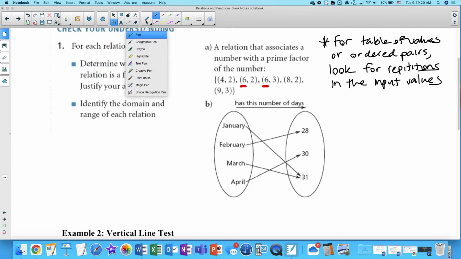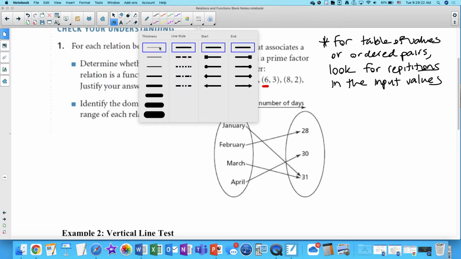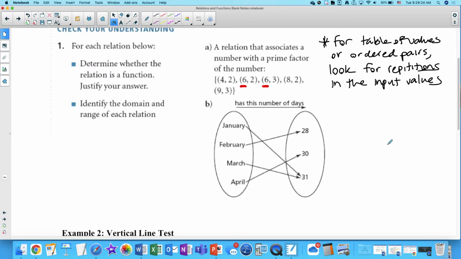So this guy is a function. So this is yes, okay? And that's because each specific day in the range values that were given is only associated with 1 value, okay? If I had the number 29 in here, how would that change?